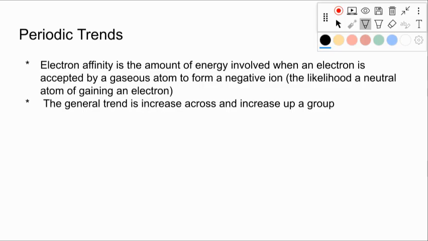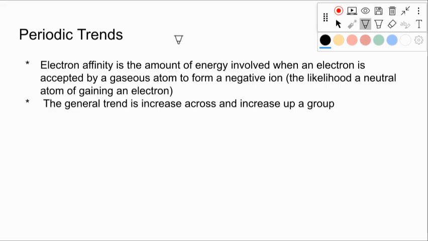By definition, electron affinity is the amount of energy involved when an electron is accepted by a gaseous atom to form a negative ion. This is also the likelihood of a neutral atom to gain an electron. On our periodic table, the things that want to gain electrons are going to be our nonmetals over on the right side.